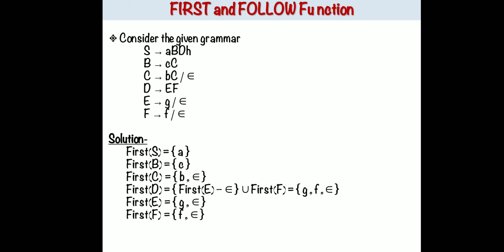Next, first of E contains a terminal G and null. First of F contains small f, a terminal, and null.